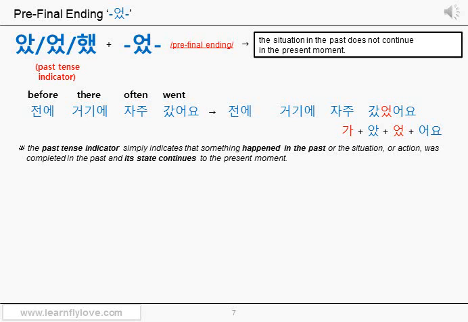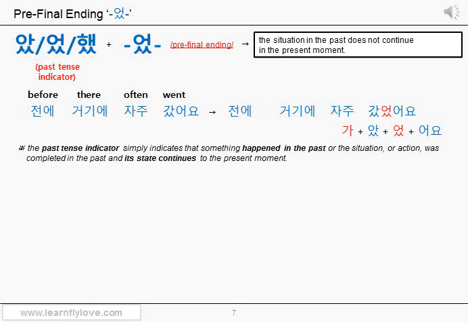Or you would go there often. That's it. But the second sentence, 전에 거기에 자주 갔었어요, with the pre-final ending 었, provides us with more information. When we hear this pre-final ending 었 sound, we can know the speaker's intention of trying not to link the past event to the present. In other words, the speaker wants to imply that it only happened in the past, or it doesn't happen anymore. Again, this is important.